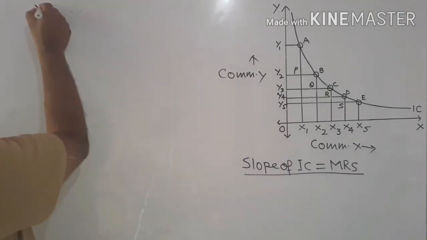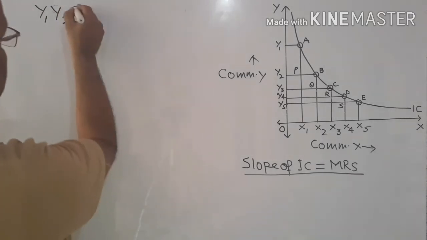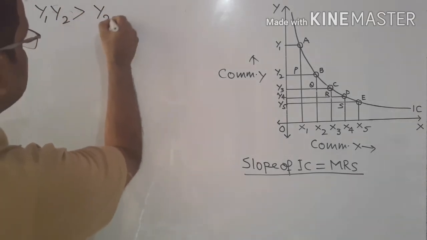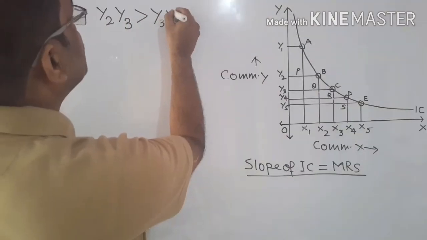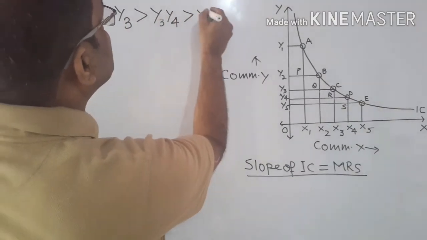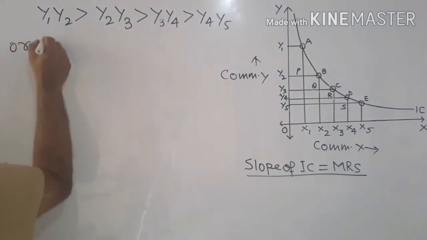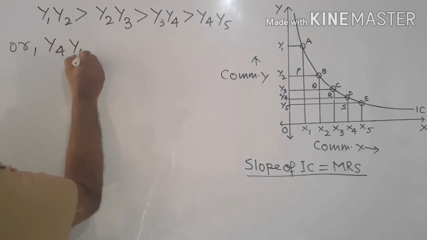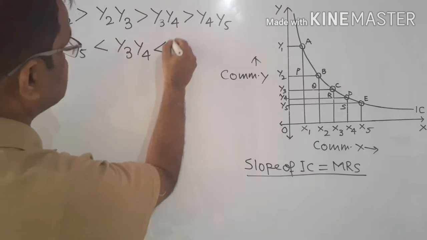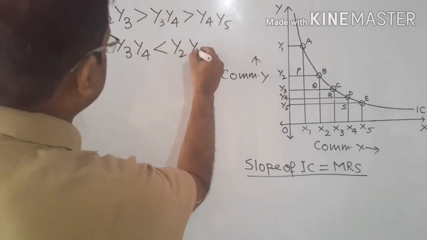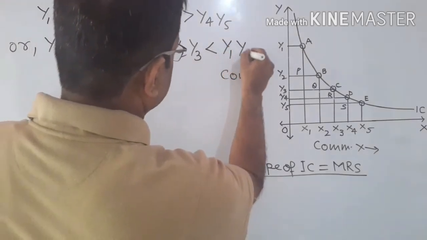Y1, Y2 is more than Y2, Y3, which is more than Y3, Y4, which is more than Y4, Y5. Or it can also be written as Y4, Y5 is less than Y3, Y4, is less than Y2, Y3, is less than Y1, Y2.